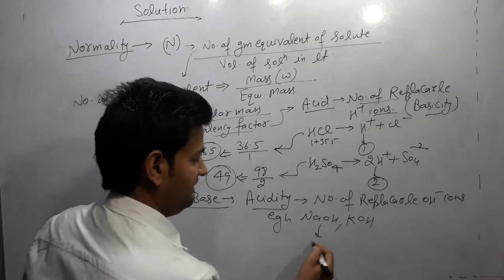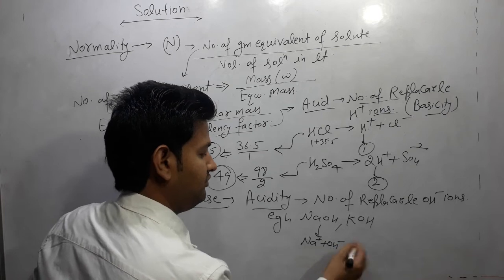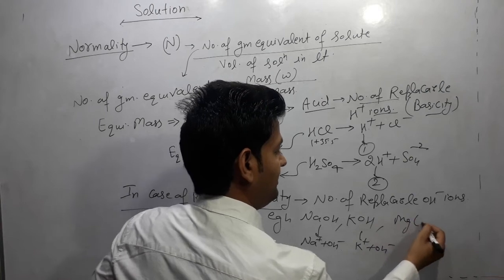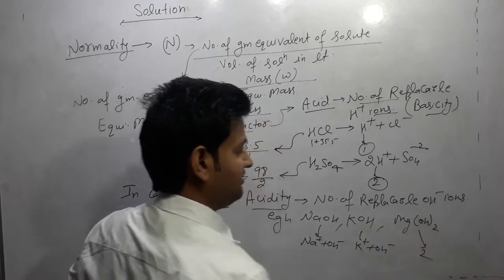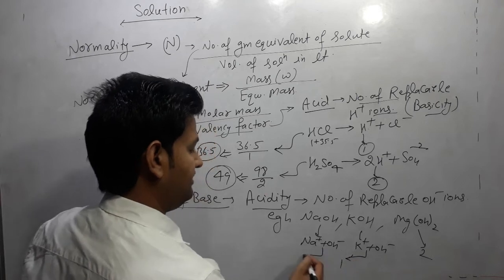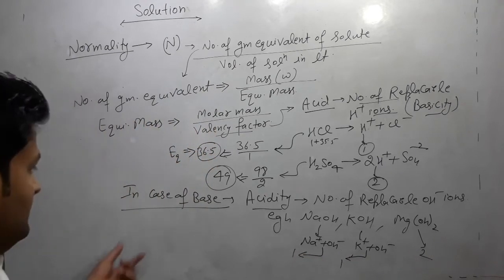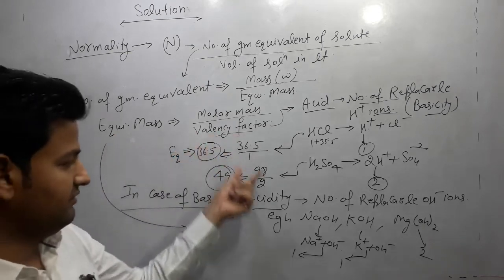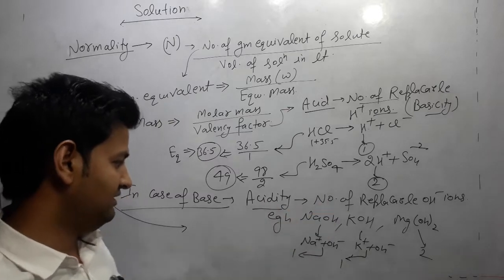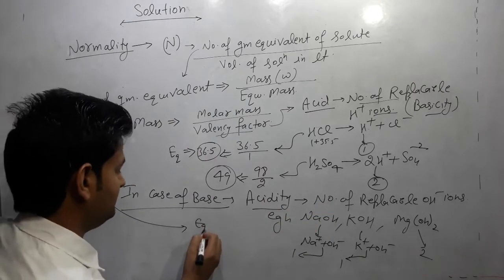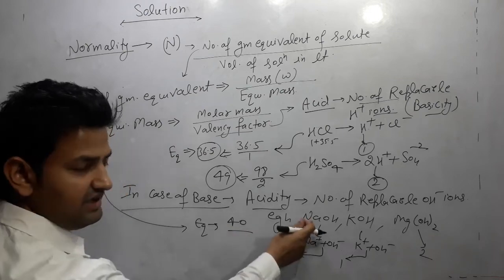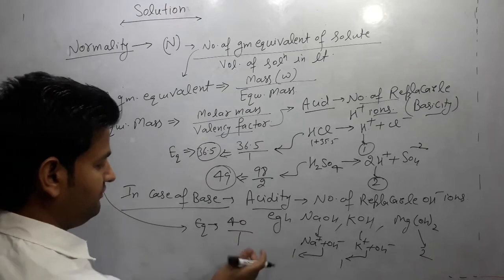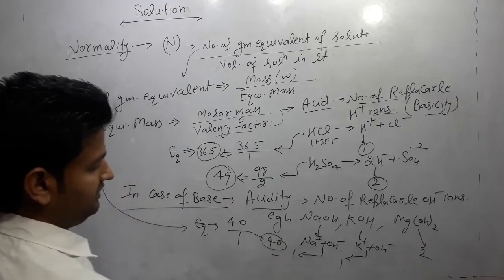All these are bases and they dissociate into Na plus OH minus, K plus OH minus, and Mg(OH)2. So their valency factor is 2 for the latter, and 1 here and 1 in this case also. In the case of bases, equivalent mass can be calculated by dividing by the valency factor, that is the acidity of the base. In the case of NaOH, the molar mass is 40, that is 23 plus 16 plus 1, and its acidity is 1. So its equivalent mass is 40.